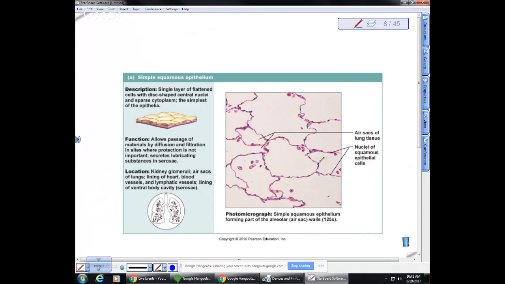And so you can see that these cells are very thin and flat, and you can kind of see the nuclei, which are dark purple in staining. So when we look at people that have emphysema, which we'll talk about not this quarter but the third quarter, their lining is thicker. And then some of the alveoli have collapsed, and so there's not as much surface area over which diffusion of the gases can take place.